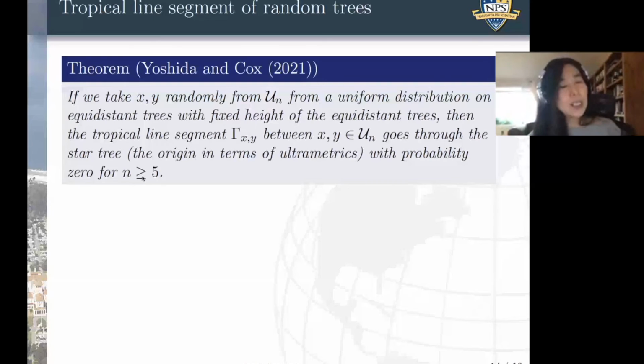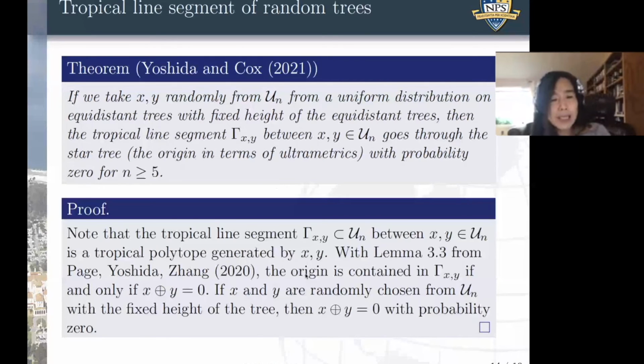For n equals 4, it's still too small for this statement to be true. But if the number of leaves is greater than or equal to 5, the probability is equal to 0.